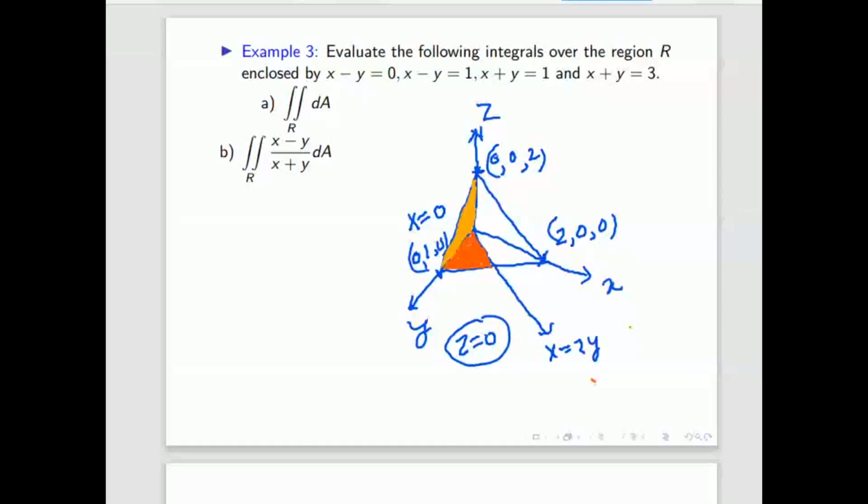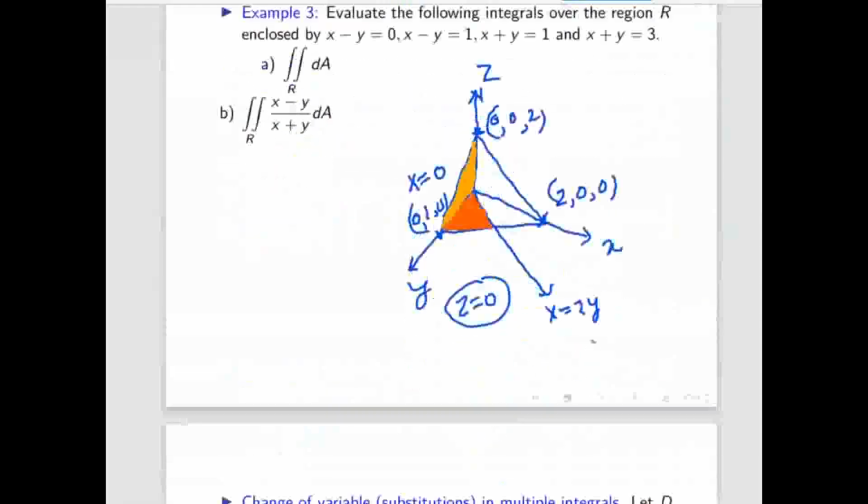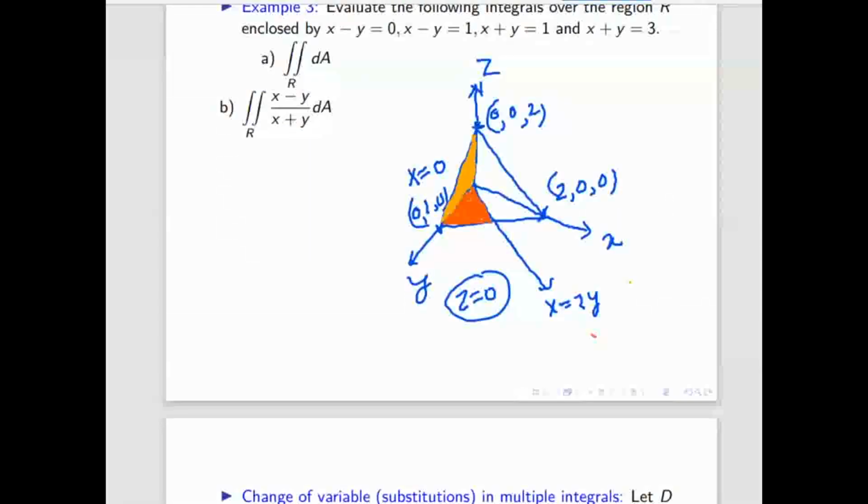And this side on the top, like your front view, is the plane x plus 2y plus z equal to 2, whatever plane I draw. But this side, this plane x equal to 2y, that plane is there, so I cannot draw here. It will not go this side.